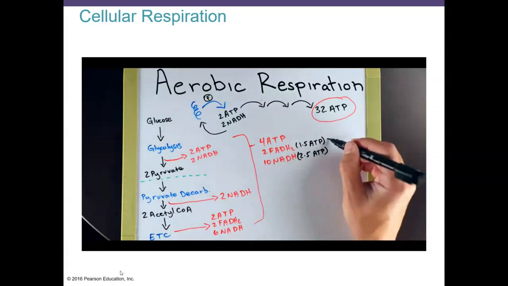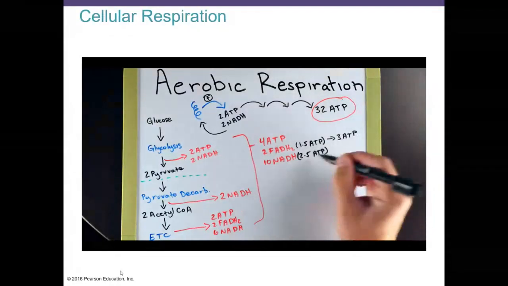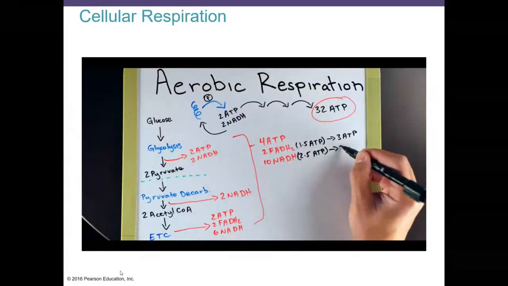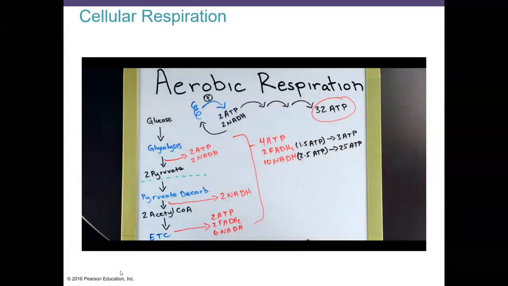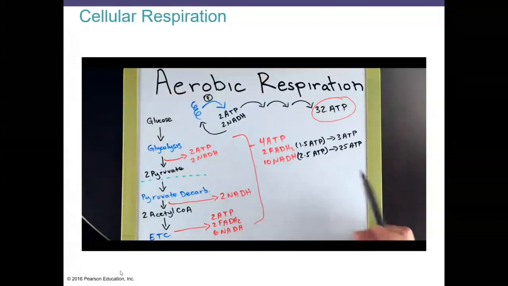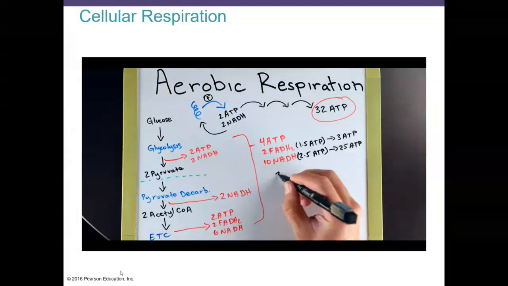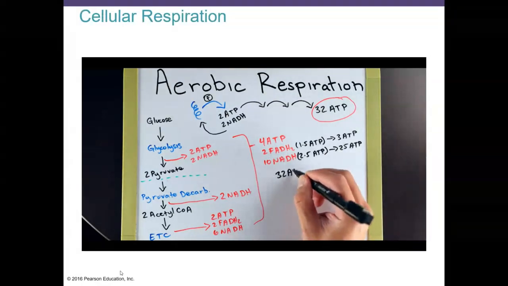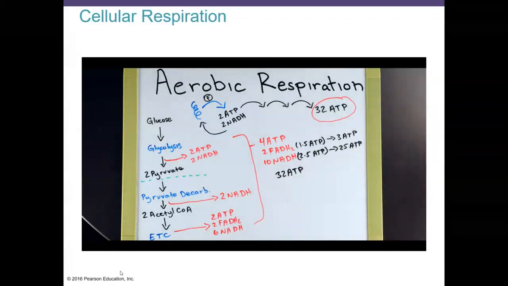So this comes out to 3 ATP, and this comes out to 25 ATP. So no need to whip out your calculators, it's just simple addition. 4 plus 25 is 29, plus 3 is 32. And that's how we get 32 ATP.